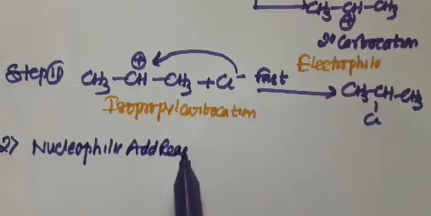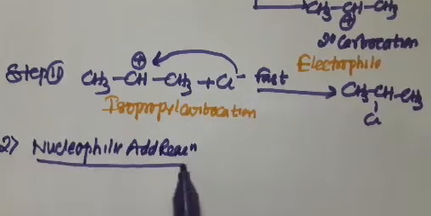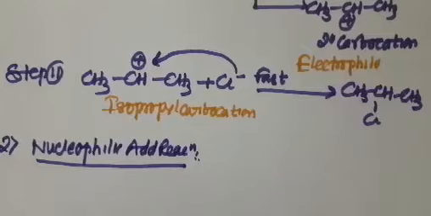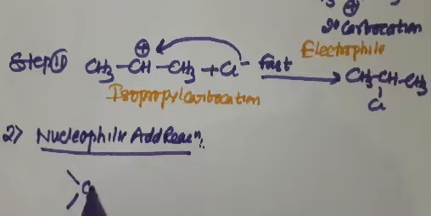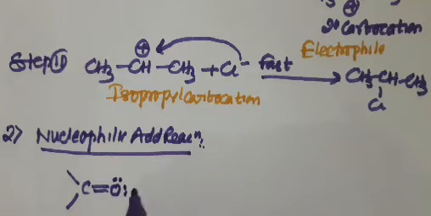The addition reactions which are taking place by the help of nucleophiles are known as nucleophilic addition reaction, mainly shown by the carbonyl compound. Let's see an example of nucleophilic addition reaction.